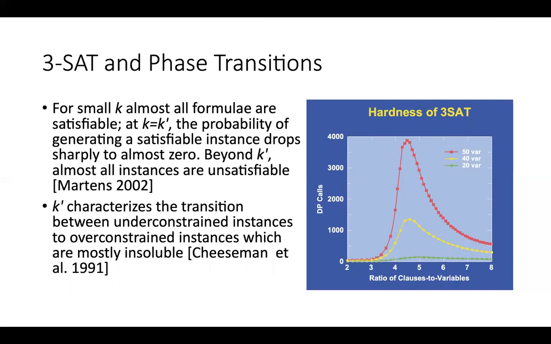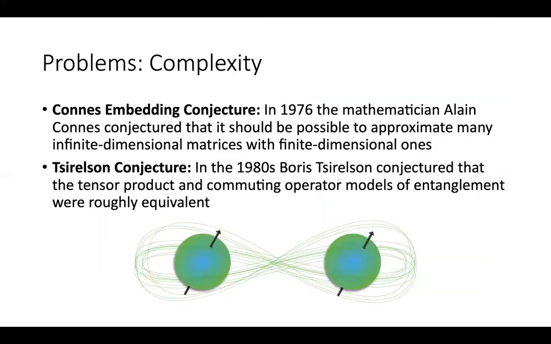If we plot the ratio of clauses to variables against the probability of finding a satisfiable solution, there is a particular point where the possibility of finding such solutions rapidly decreases. This phenomenon is very similar to what we observe in phase transitions in physics. All right, so that's one interesting result coming from the physics domain.